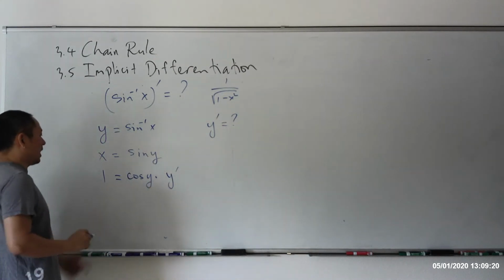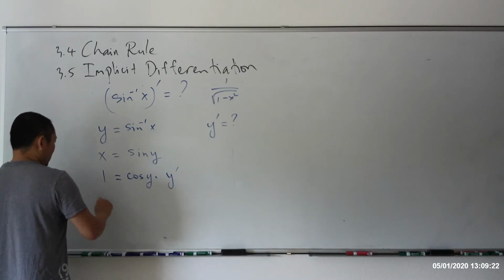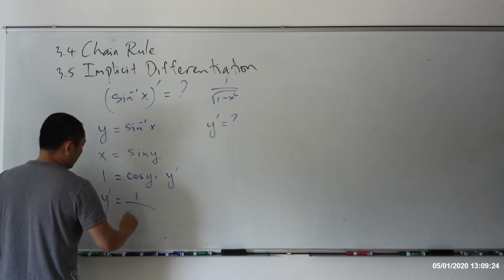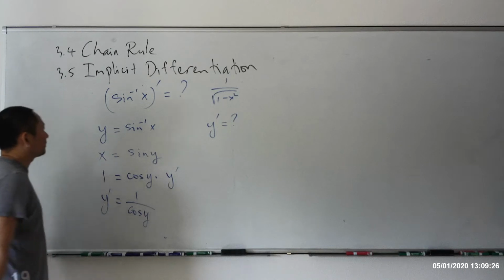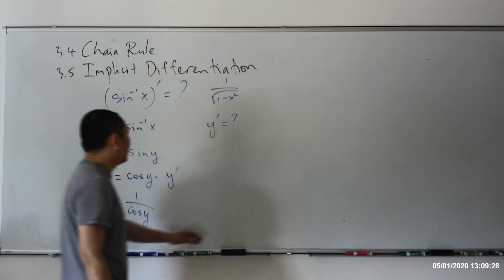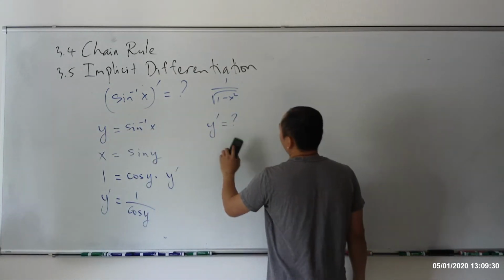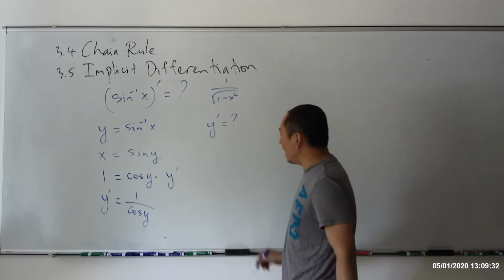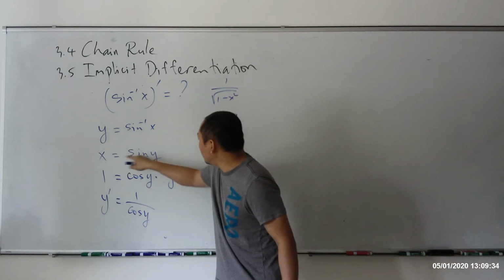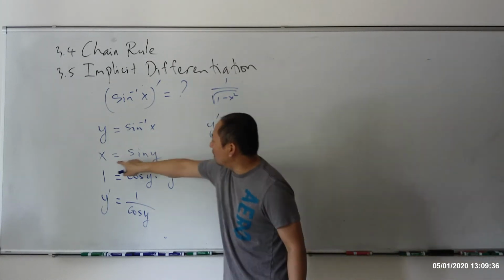So divide both sides by cosine of y, and you get y prime equals 1 over cosine of y. Now, how to figure out cosine of y? Back to our trick. I have x equals sine y, so y is the angle.